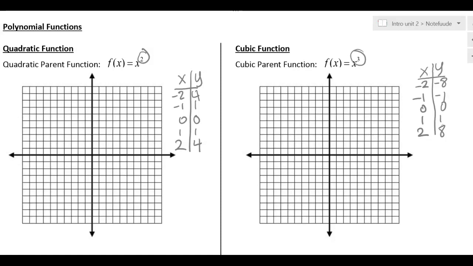And then go ahead and plot those points on here so that we can have a graph of the function. Now I'm going to do the same thing up here. And then hopefully you'll see the difference in shape.